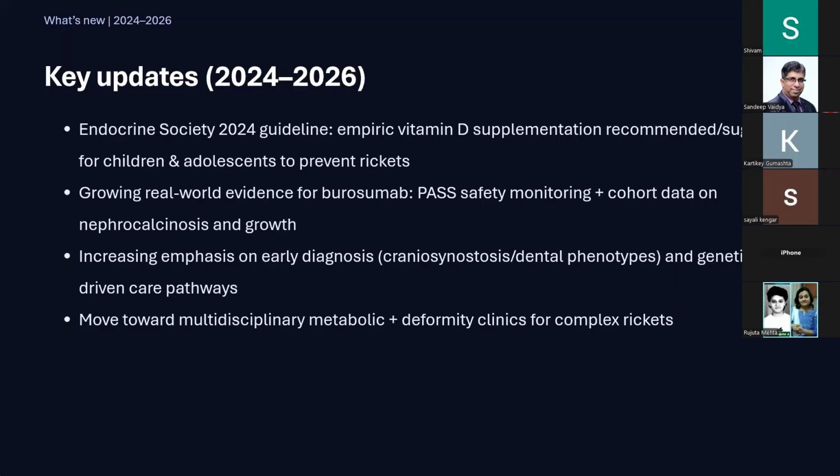There is increasing emphasis on early diagnosis, looking for signs such as craniosynostosis, and genetic study should be done. And there should be a multidisciplinary move toward metabolic and deformity clinics for complex rickets.